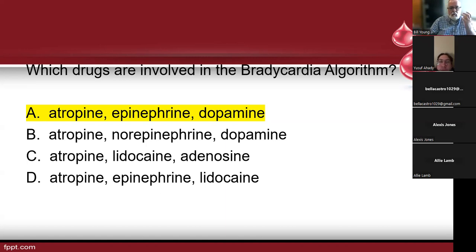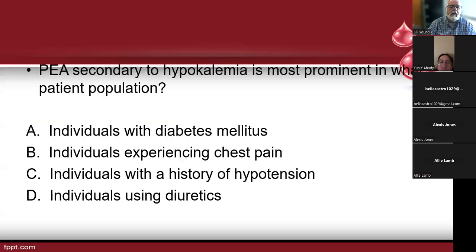We know we've got a slow heart rate, so we're going to try to increase that heart rate. Atropine may or may not be working the best in that regard, but then we can cause vasoconstriction to increase perfusion. Excellent.